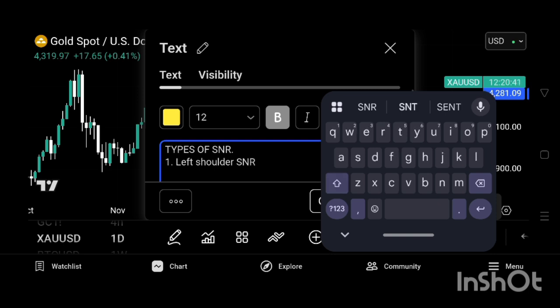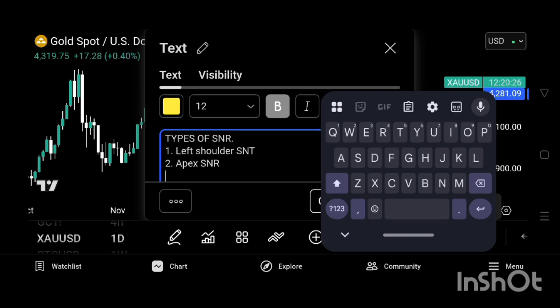All right. The second type of support and resistance that we have is what we call the apex support and resistance, the apex SNR.